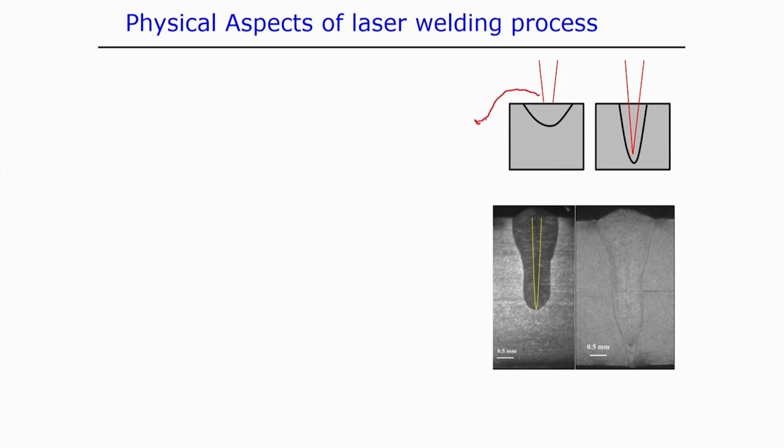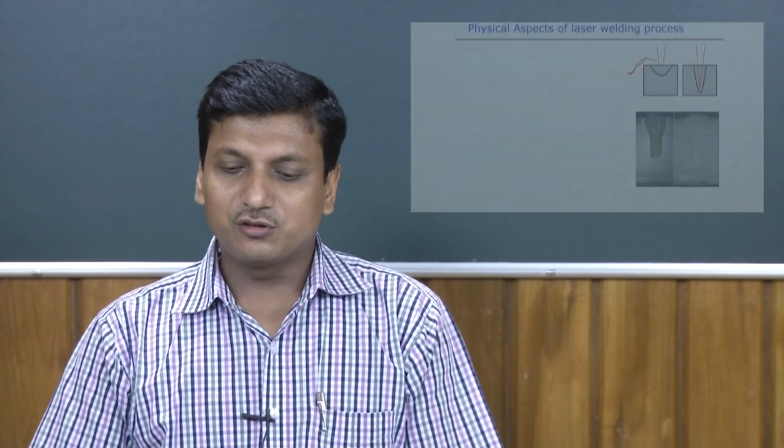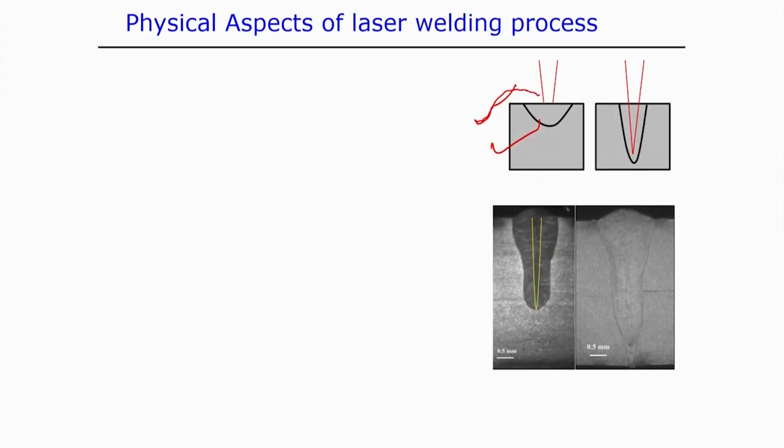In conduction mode, when the laser is focused on the surface, it does not produce much penetration within the molten pool, and there may not be any vaporization of the material. This can be related to the power density of the laser we are using, which we measure when the laser interacts with the surface of the substrate material. So the first one is the conduction mode laser welding process.